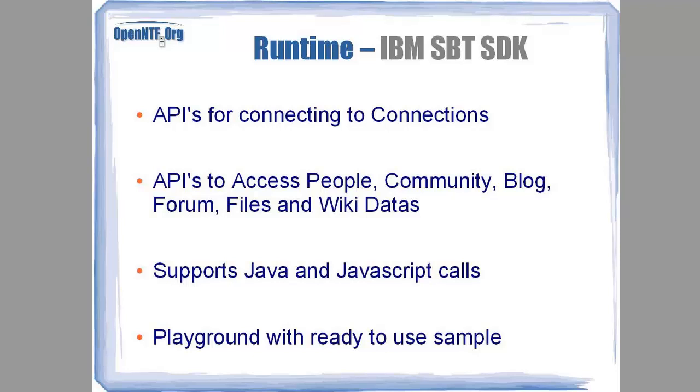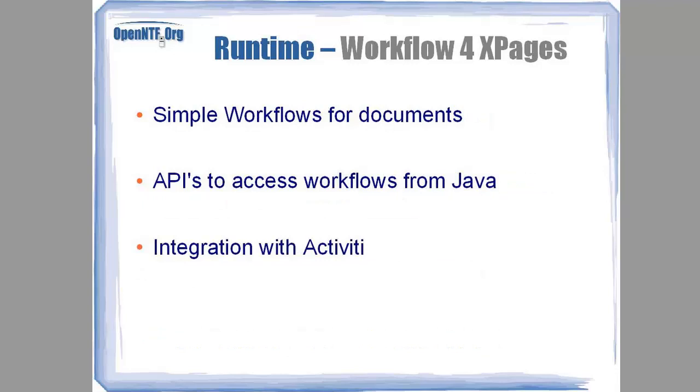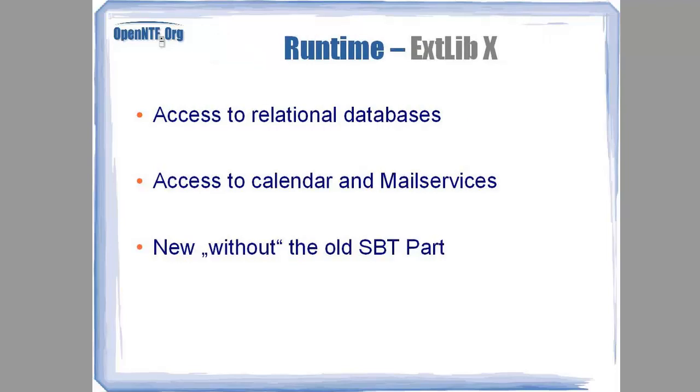And very cool, the playground is also part of it. We have Workflow for XPages that you can use to design simple workflows for documents, and you also have an API to access workflows directly from Java, and it's prepared with an integration for activity.